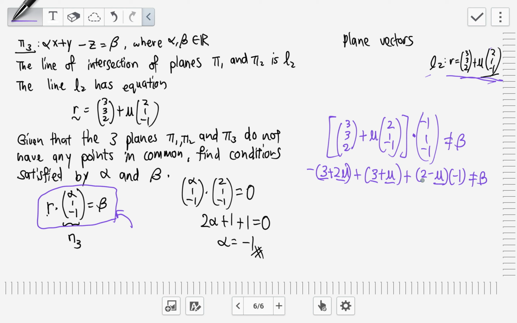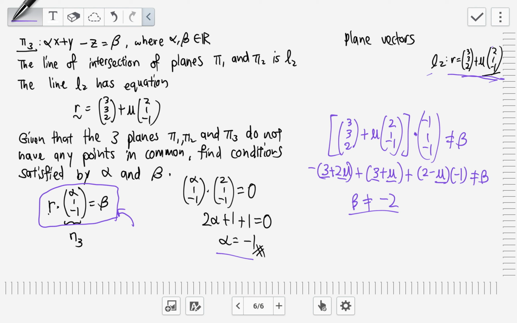Then we have 2 times minus 1, which is minus 2. So beta must not equal minus 2. These are the conditions satisfied by alpha and beta such that the three planes do not have any points in common.